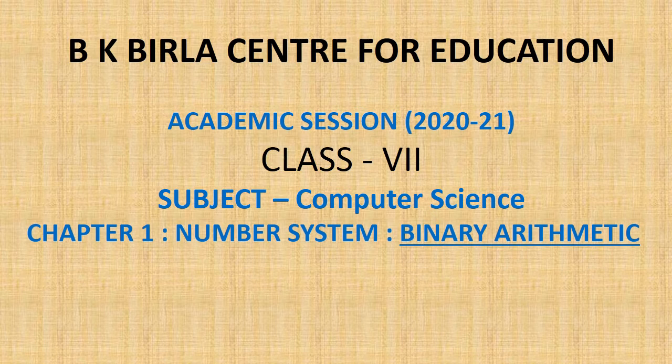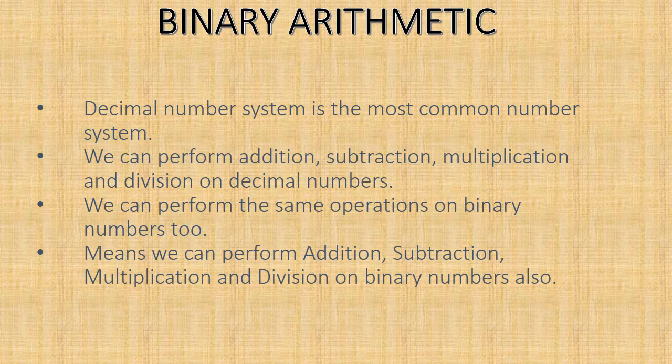Mathematical operations means four operations: addition, subtraction, multiplication, and division can be performed on binary numbers. Last time we did two arithmetical operations: addition and subtraction of binary numbers. Today we will study binary multiplication and binary division.